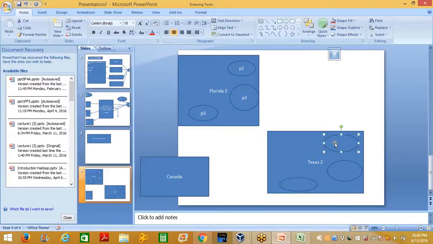Shashank, Murali. P1. Whether it is treated as P1 only, right? It is treated as P2 only. It is treated as P3 only.